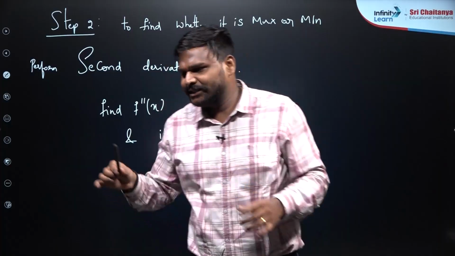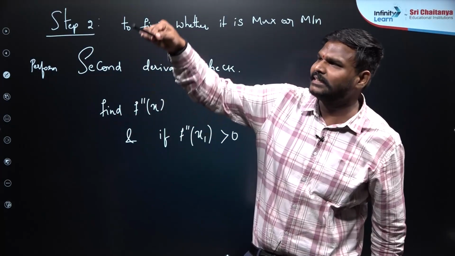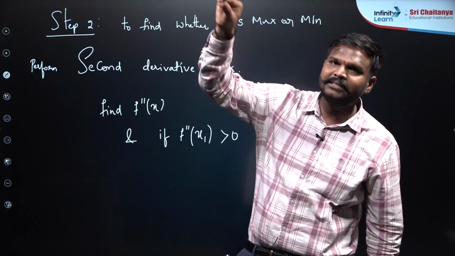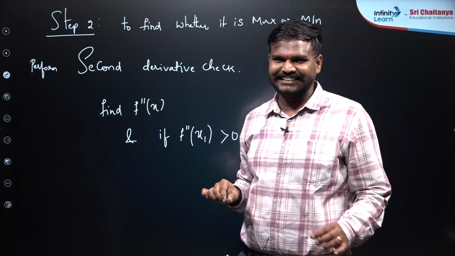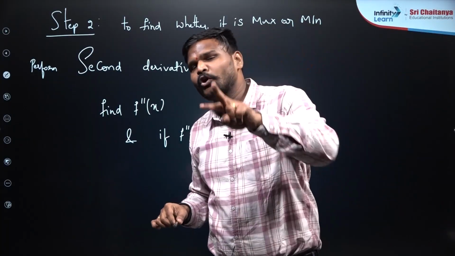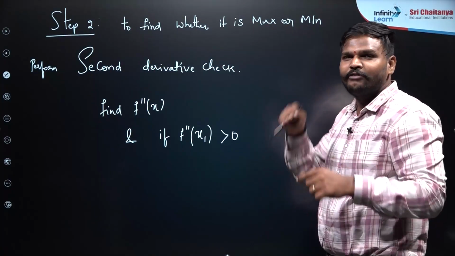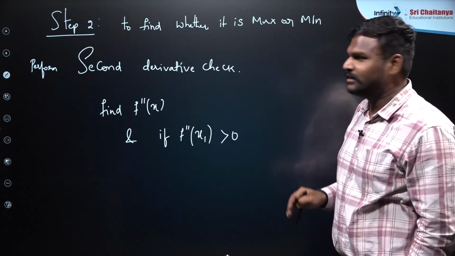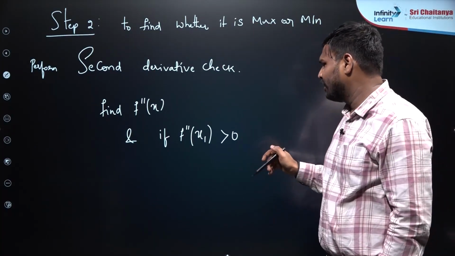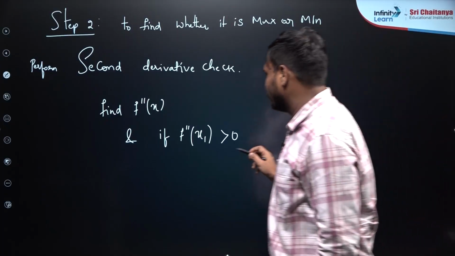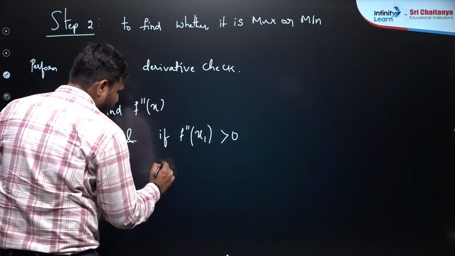Correct? So at maxima point, till the time it was increasing, and at that time it starts to decrease. So when you do slope of slope, the second derivative for maxima will be negative. That means less than 0.